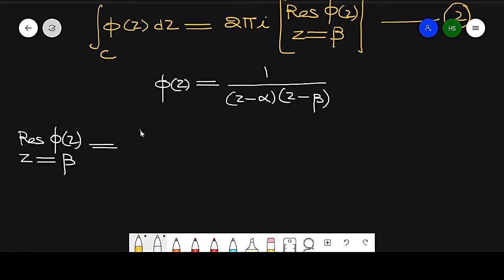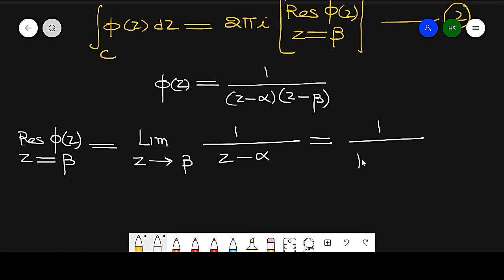This is equal to the limit as z approaches beta, and the (z minus beta) cancels, leaving 1 over z minus alpha. So this is 1 over beta minus alpha.